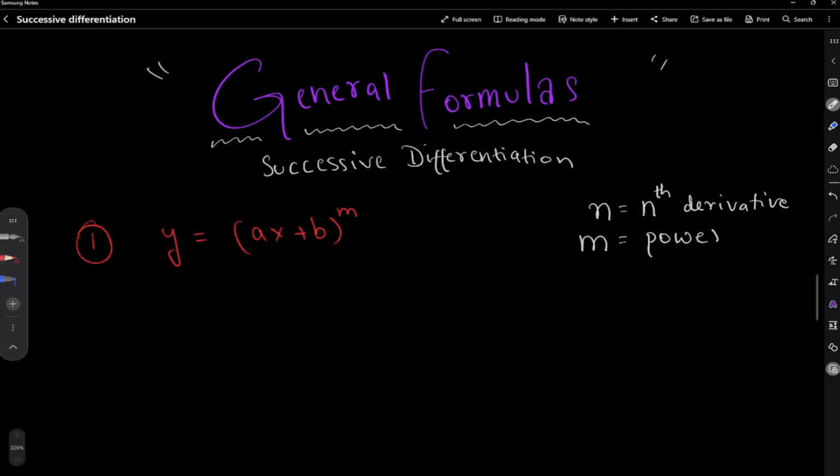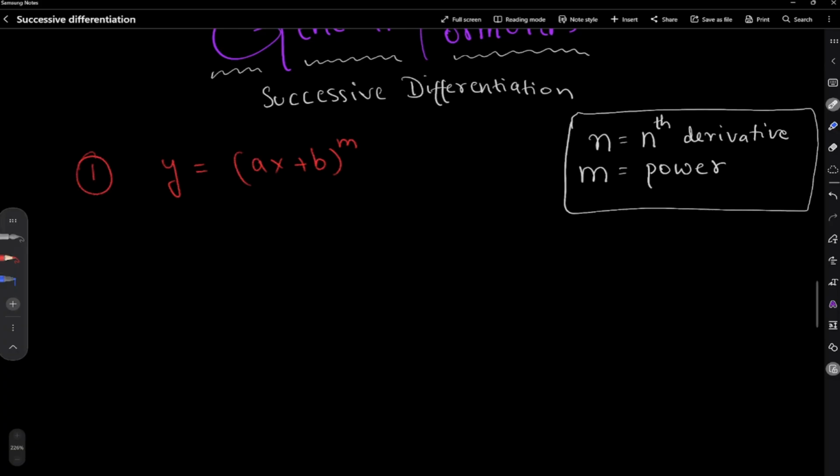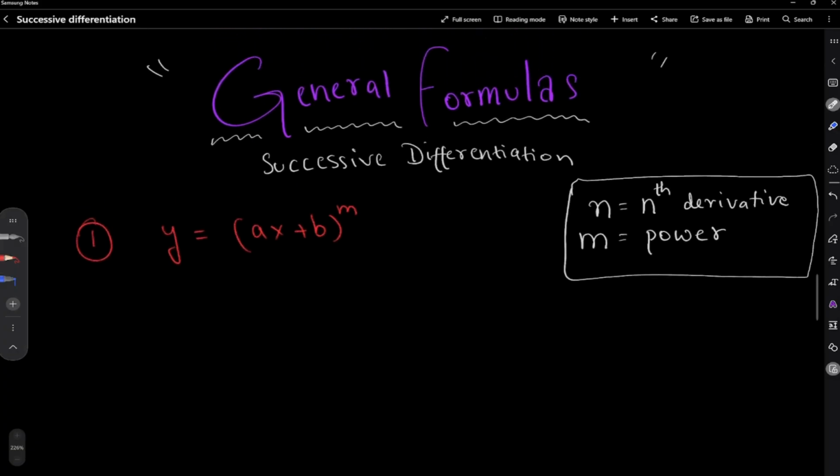The power means this power. So keep this in mind. And now moving on to this function. If I want to find the general formula for this particular function, there are a few steps which I'll keep in mind for each equation.